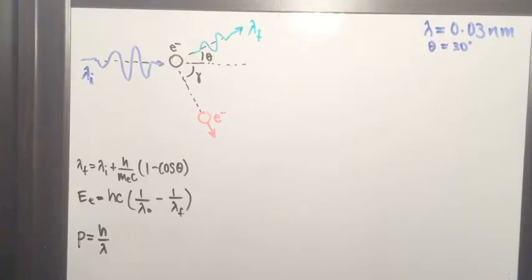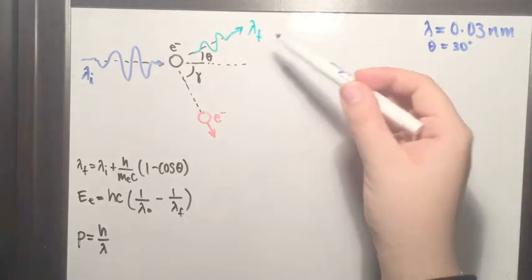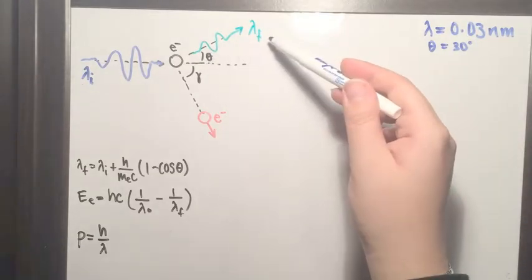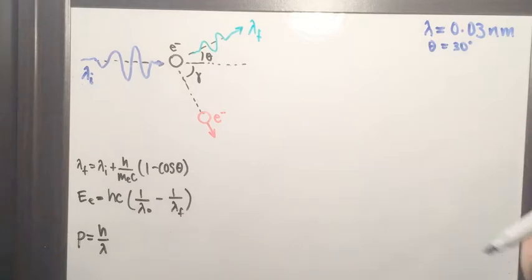Now that we know a little bit about how Compton scattering works and some of the governing equations, we can do a few examples. First, we're going to find the scattered photon's wavelength, lambda f here.